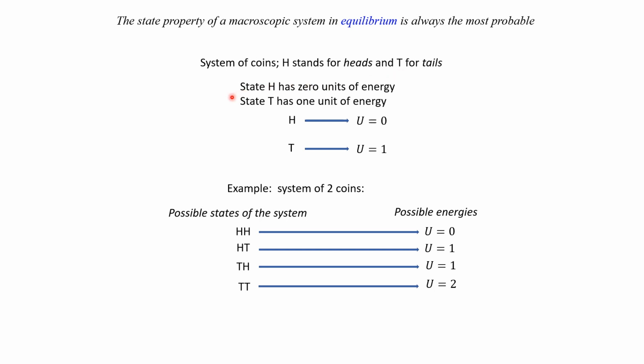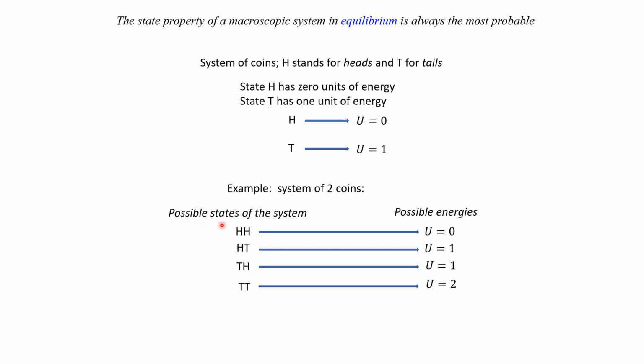We need to ascribe energy to these states. We're going to agree that the state H has 0 units of energy and the state T has 1 unit of energy. So we say that H has U equals 0 and T has U equals 1. For example, let's suppose we have a system of 2 coins.